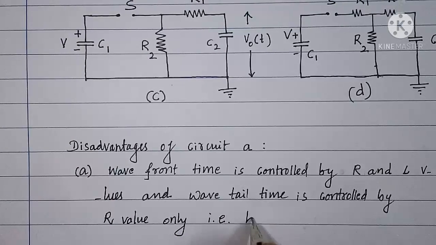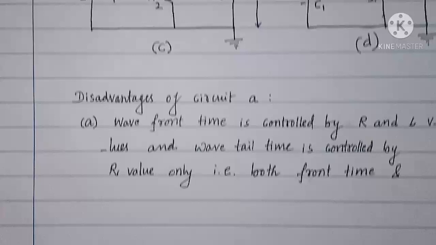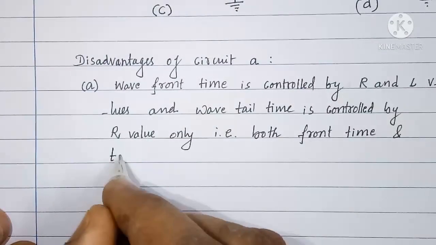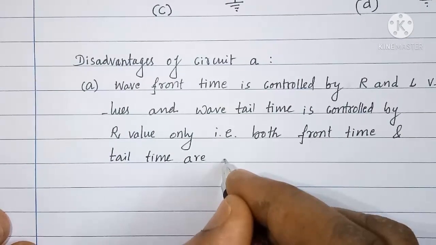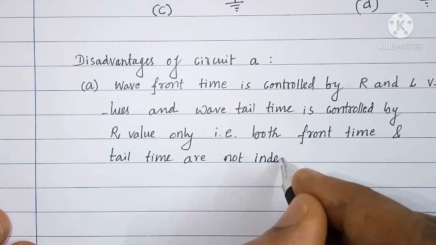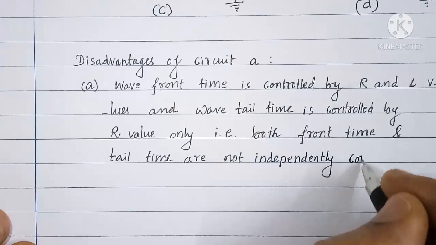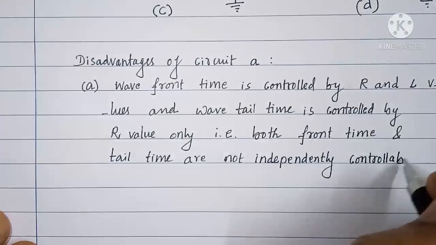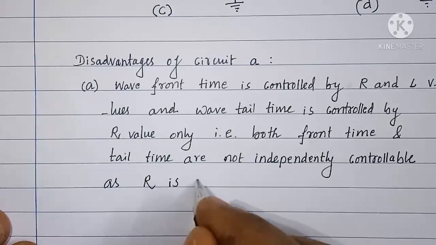That is, both front time and tail time are not independently controllable as R is common in them.